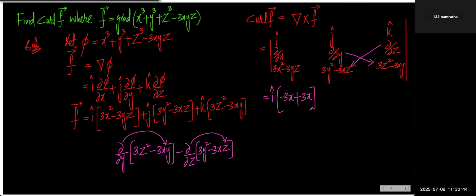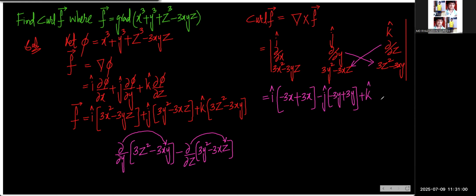The rest of the values with respect to j, obviously we are getting minus 3y and plus 3y. If you want, let me do it once again, but this is the process. Here we are getting minus 3z plus 3z. What happened actually? All the values are cancelled. Actually, answer is 0.